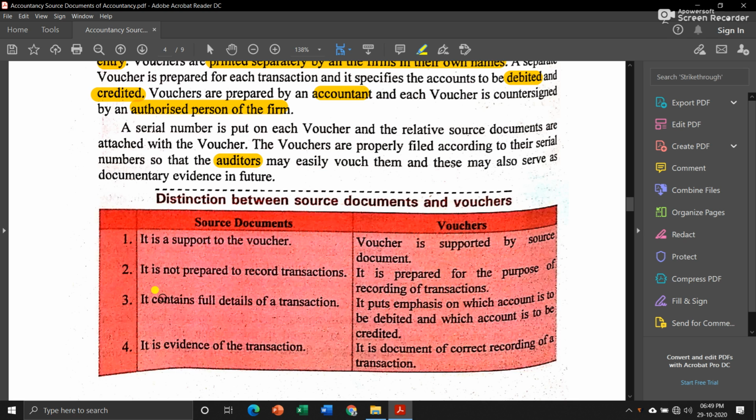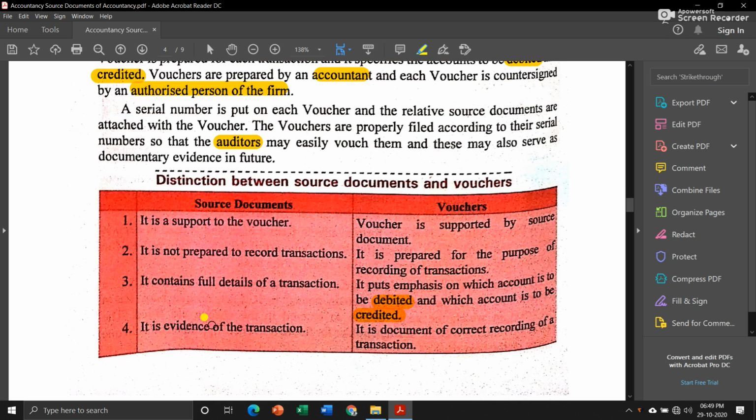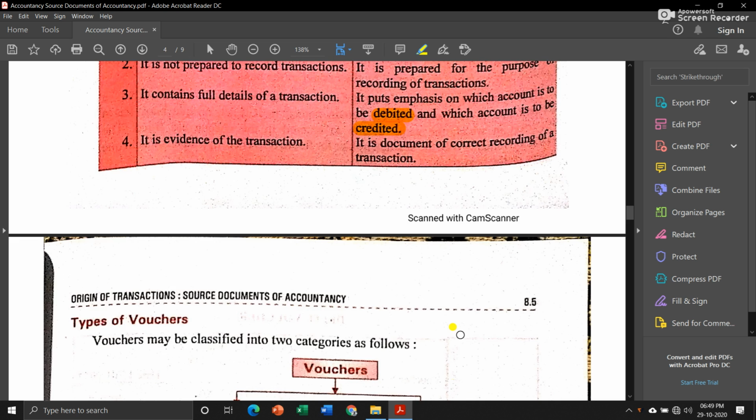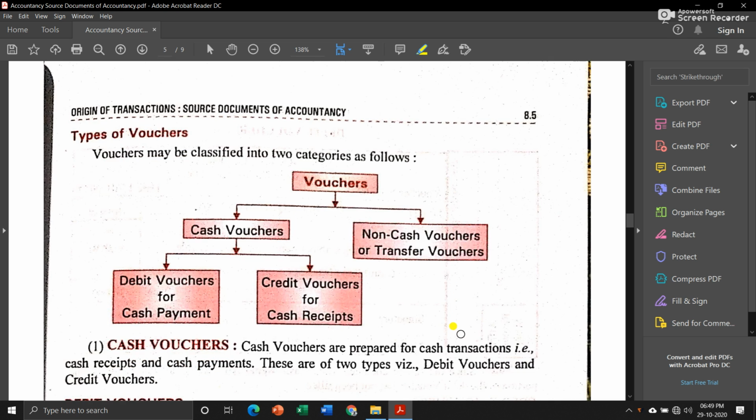Then source documents contain full details of a transaction, but vouchers put special focus on which account is to be debited and which account is to be credited. Source documents are evidence of a transaction, but a voucher is a document based on which recording of transactions is done.